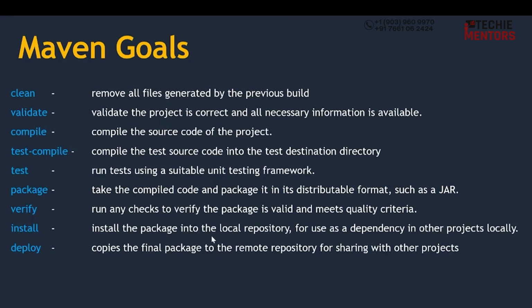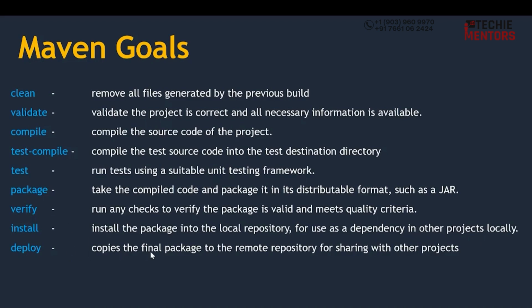Next, install. Install the package into the local repository. We talk about the local repository when we are working with Maven on a Linux system. But for now, just think that it is going to store this output or jar file in some local repository for use as a dependency in other projects locally. In our local system, if we are creating any new project and want to use the current project, then it will be useful.